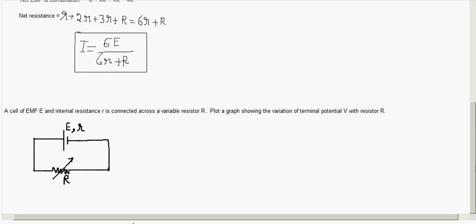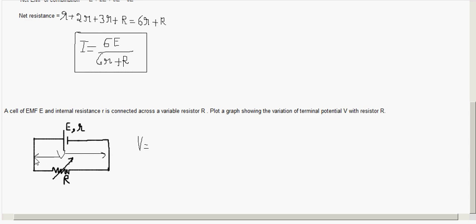So first we need to find out the expression which will help us to draw the graph. First find out the expression which relates the terminal voltage with variable resistor R. We know the terminal voltage V is this voltage.